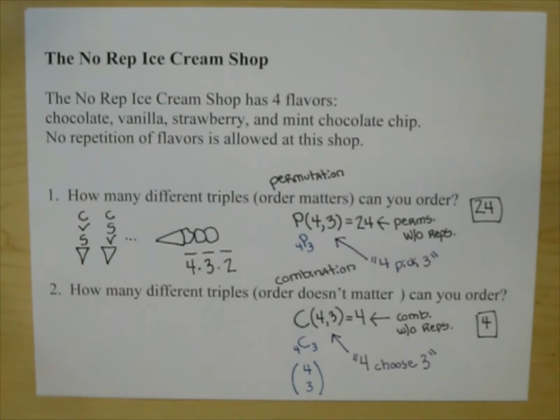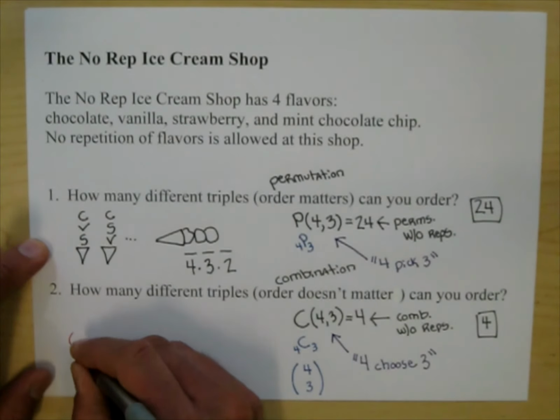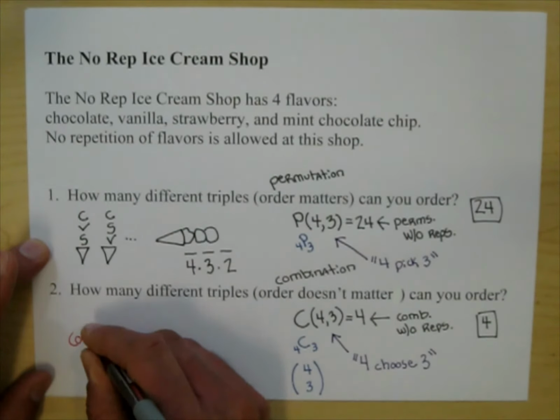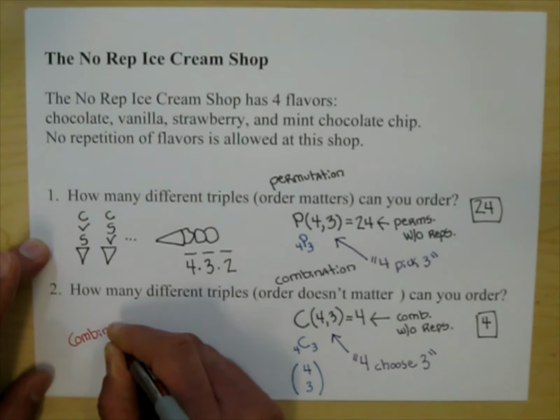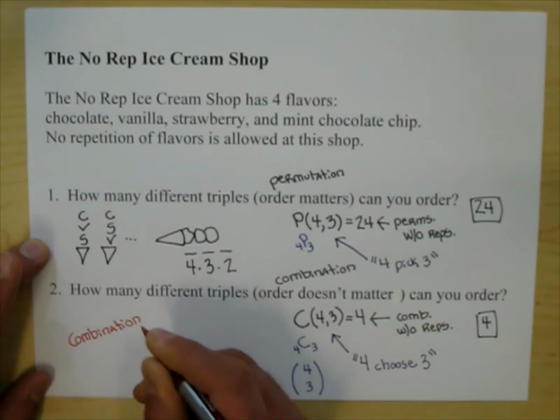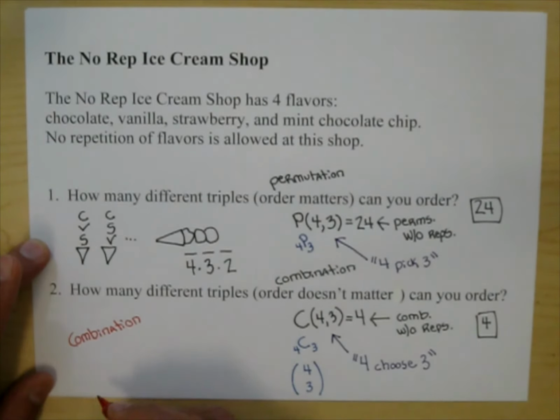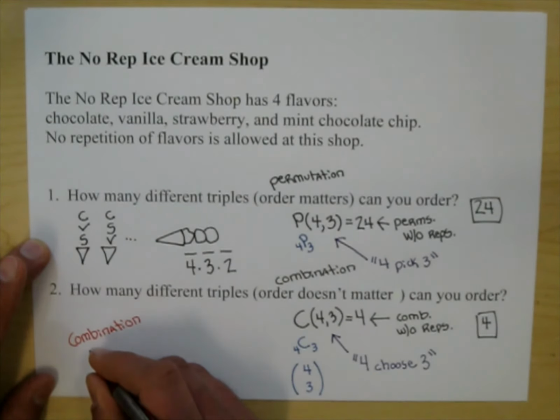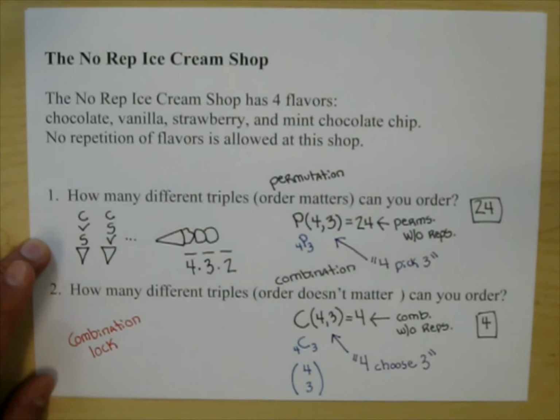Another thing that makes this confusing is you've probably heard the word combination in your life, and maybe that is because you've had a combination lock. Those combination locks say, here's your combination, 23, 15, 8.